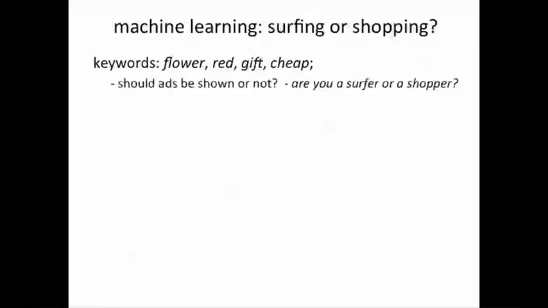For example, suppose we are searching for flower, red, gift, cheap. You're searching using some combination of these keywords, and the web property, which is Google for example, needs to decide whether or not to show you some ads. In other words, are you a surfer or a shopper? Are you interested in buying something, or are you just browsing?